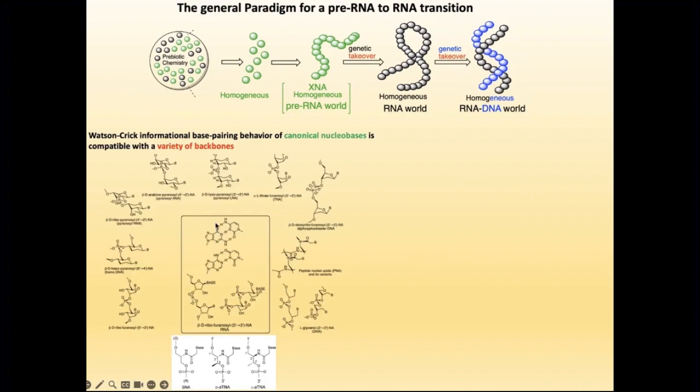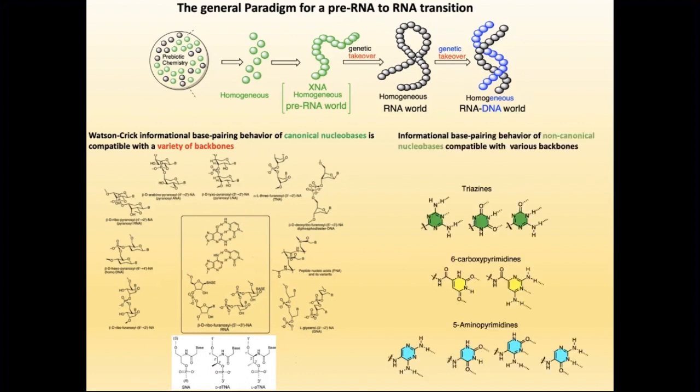Here is the canonical one nature uses, and people have varied the sugar backbones quite a lot, and even acyclic systems like the very famous peptide nucleic acids. They all have base pairing properties to a certain extent. But in those cases you kept the four bases A, U, G, C common, and you changed the backbone.